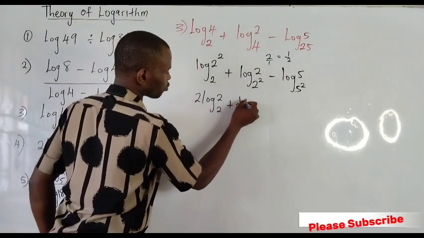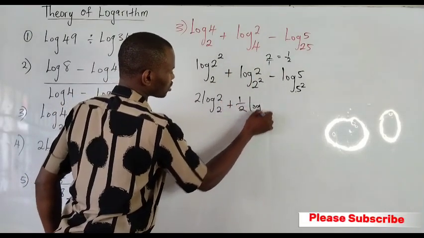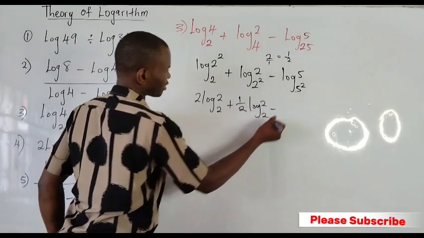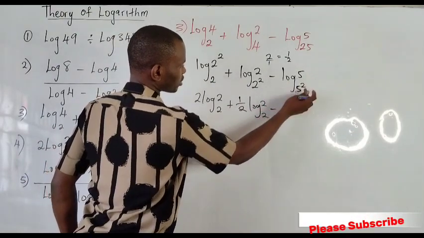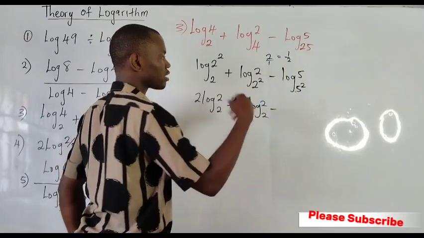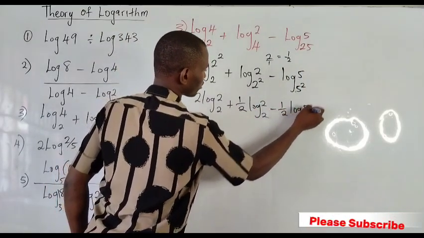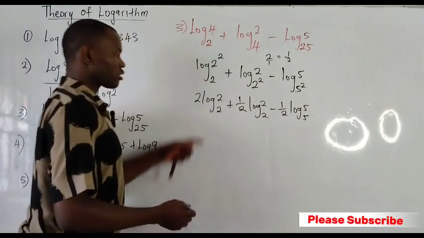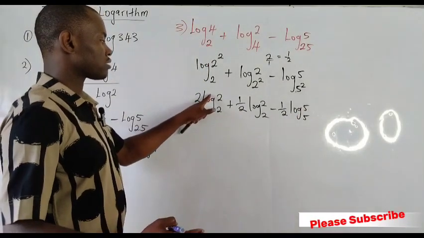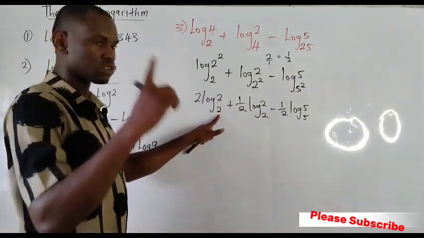That means we are having 1 over 2, logarithm of 2 base 2 minus, the same thing will happen here. This power comes to the front as the reciprocal, 1 over 2 logarithm of 5 base 5. Now, remember the law of logarithm that says that logarithm of number to its base is 1.